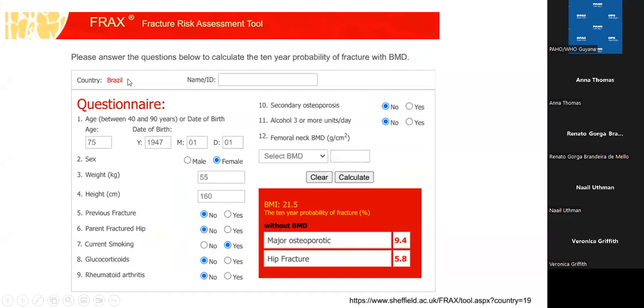I advise you to choose a Latin America country, as we don't have a specific Guyana database.